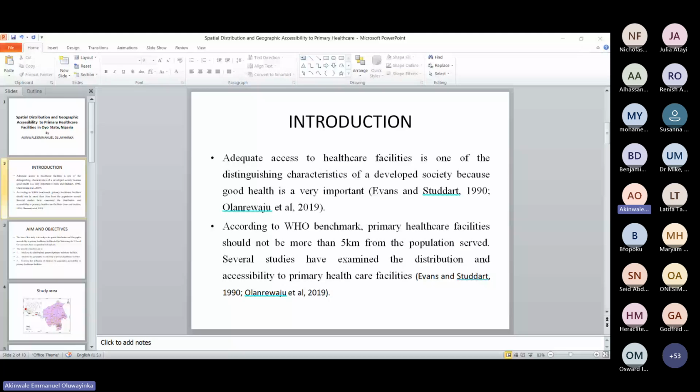If there's a primary healthcare facility close by, the patient can be rushed there and stabilized, and later transferred to either a secondary or tertiary healthcare facility.